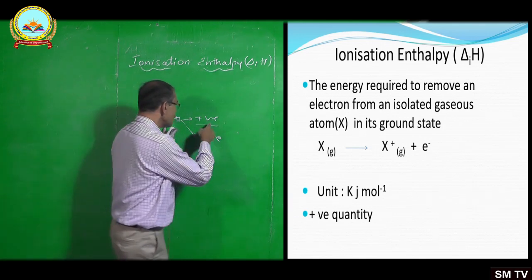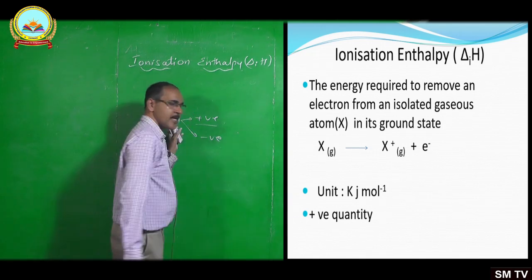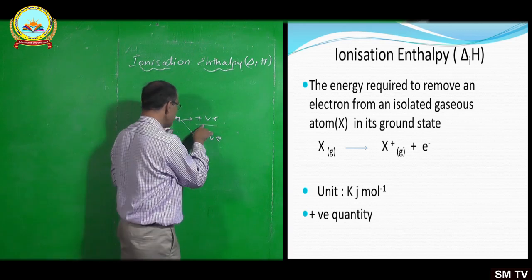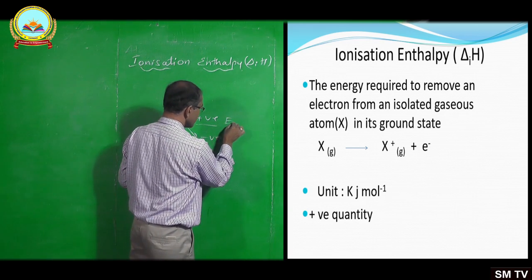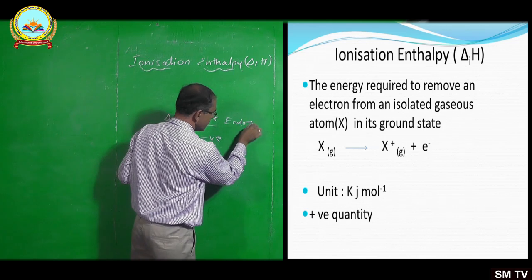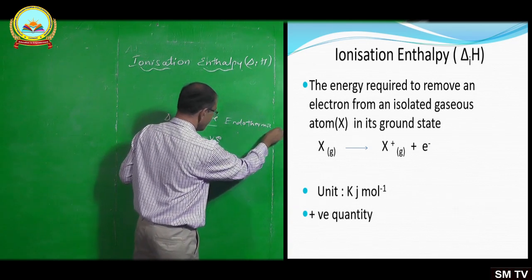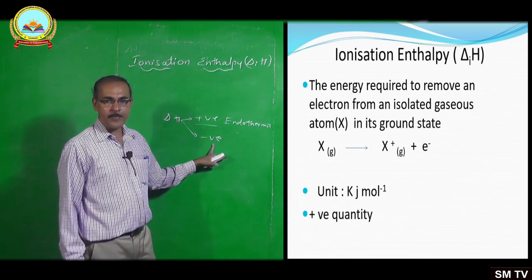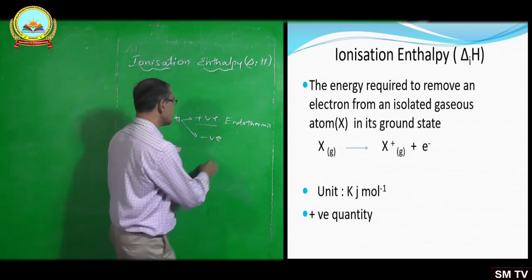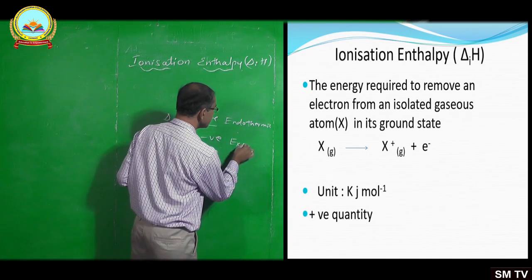Delta H is a thermodynamic sign convention. Delta H positive, we call that reaction endothermic. Delta H negative means exothermic, heat is released.